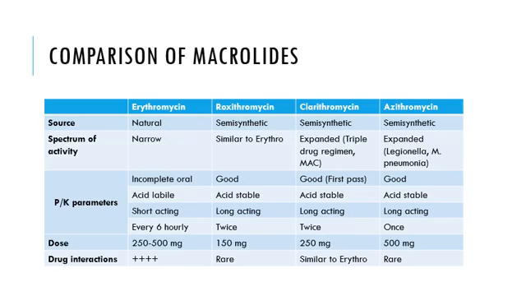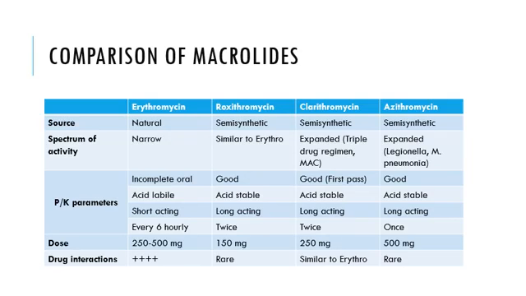Considering pharmacokinetic parameters, in absorption, incomplete oral absorption is associated with erythromycin, while the other three have good oral absorption. Erythromycin is acid labile, while the other three are acid stable.